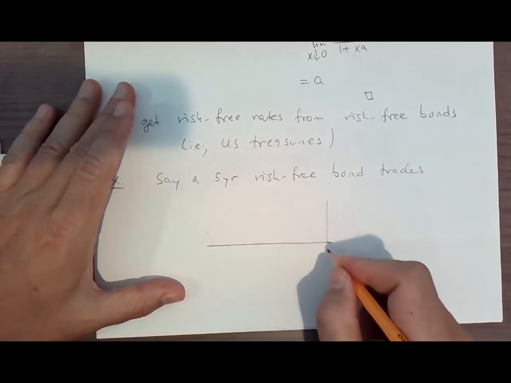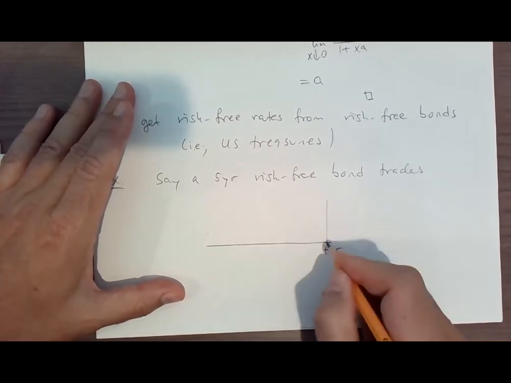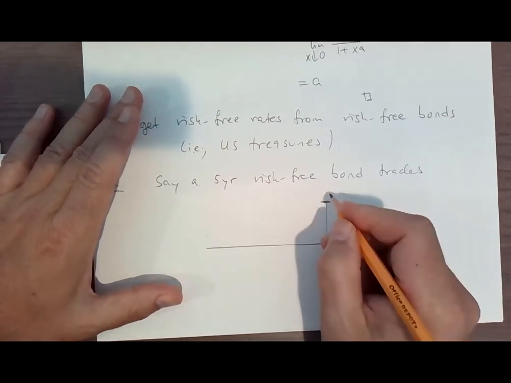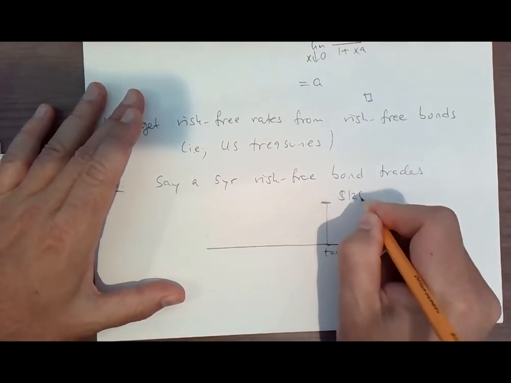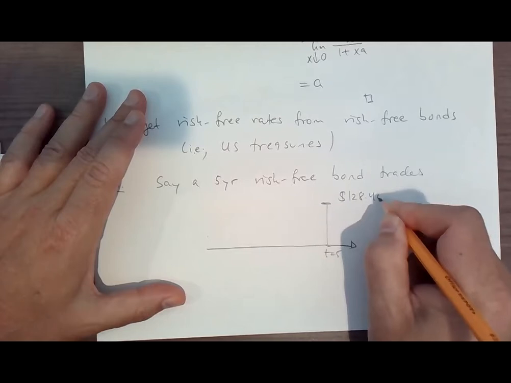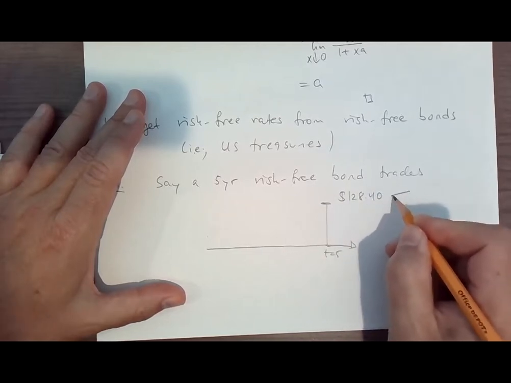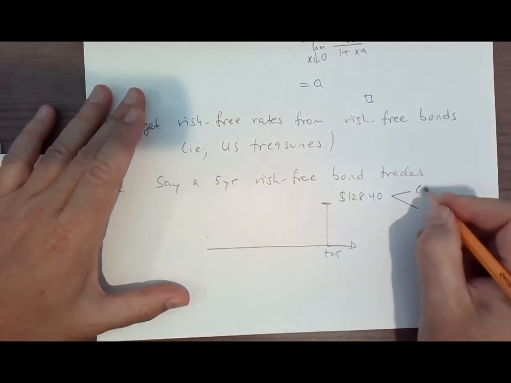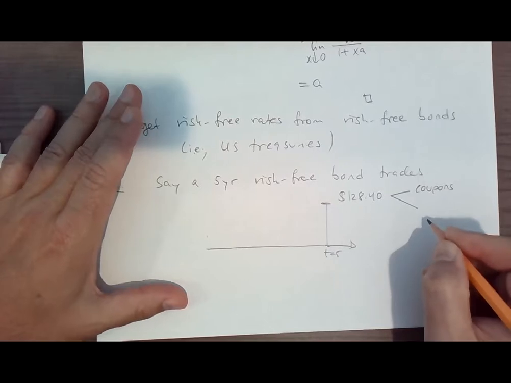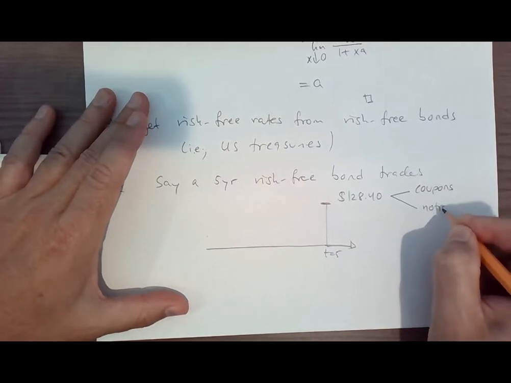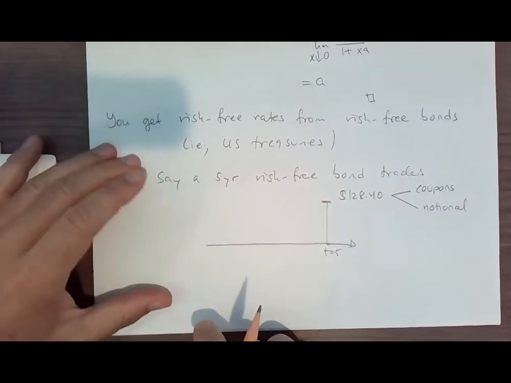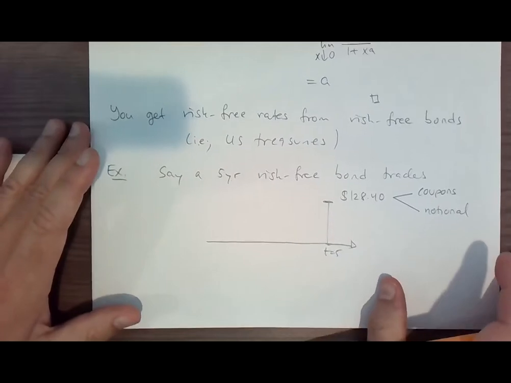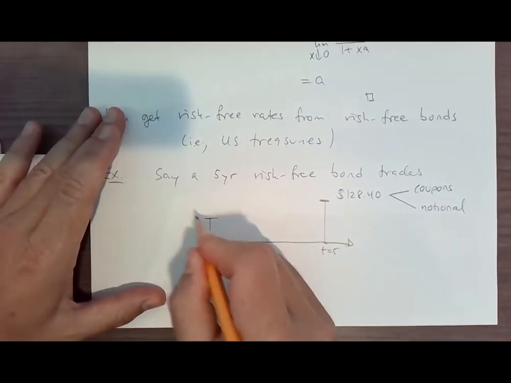So this is 5 years out. And the payoff that's going to come is $128.40. This here is coupons and notional. The risk-free bond is trading at 100.